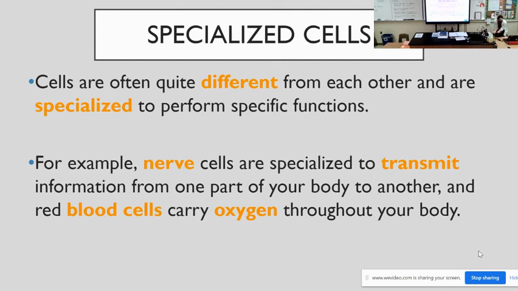So for example, nerve cells are specialized to transmit information from one part of your body to another, whereas red blood cells carry oxygen throughout your body. The cells still have the same organelles and are made up of the same components, but they each have a different set of directions to follow and a different set of procedures to work through.